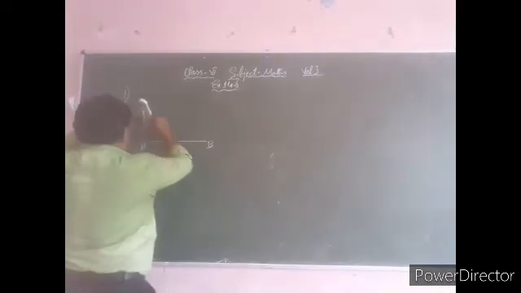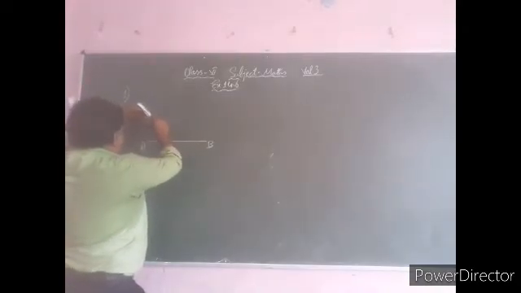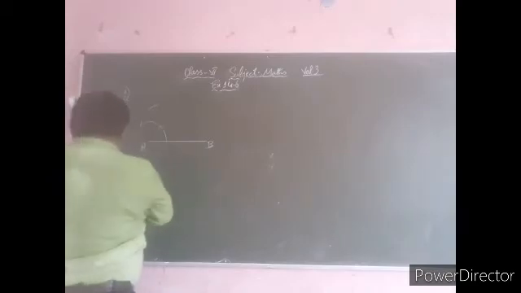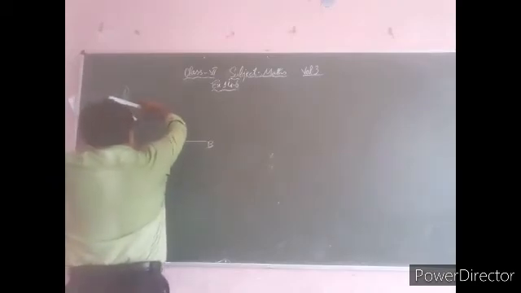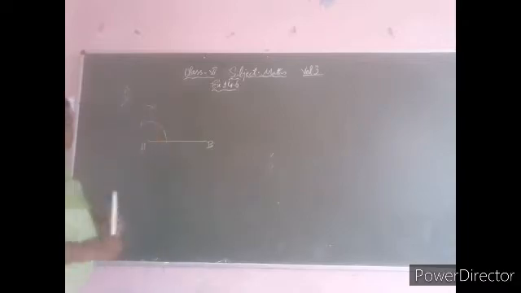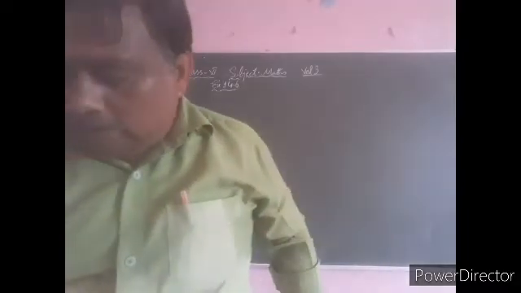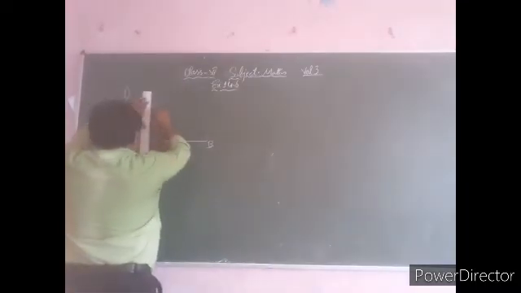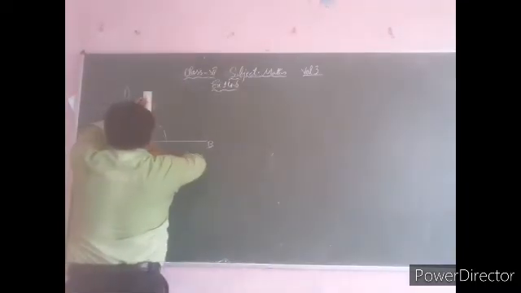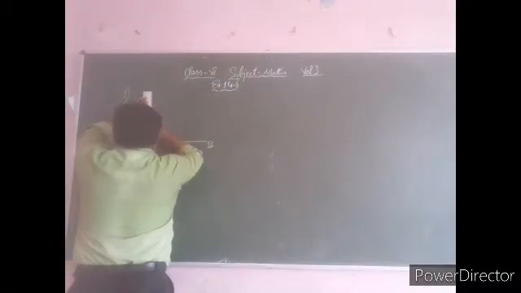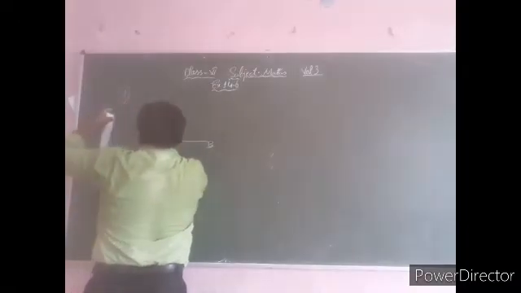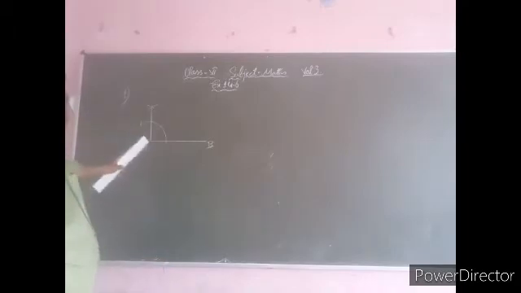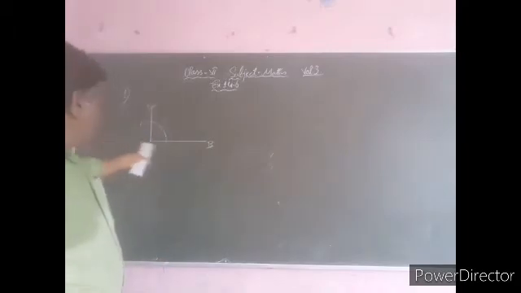So now bisect it. From here draw one arc in this way and another arc from here in this way. Join. This is perpendicular to AB.